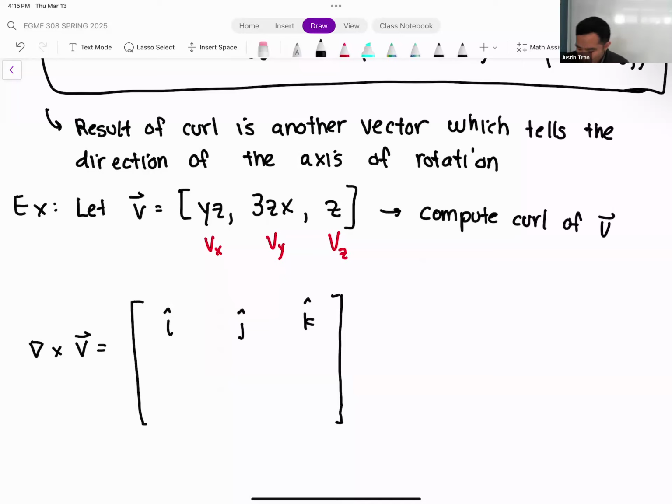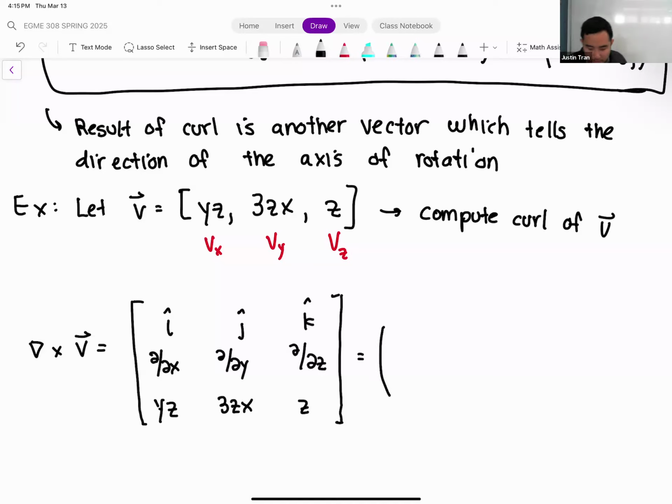Second row, we have all the partial derivatives: partial x, partial y, partial z. And in the last row, we have all of the components of V: yz, 3zx, and z. We've made up this 3x3 matrix just for the sake of taking its determinant.